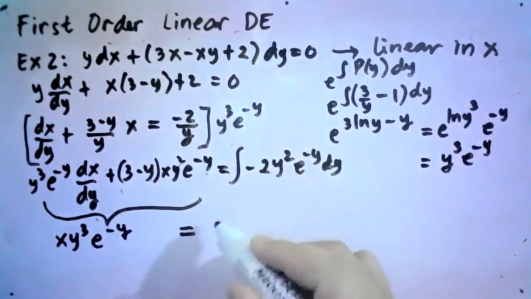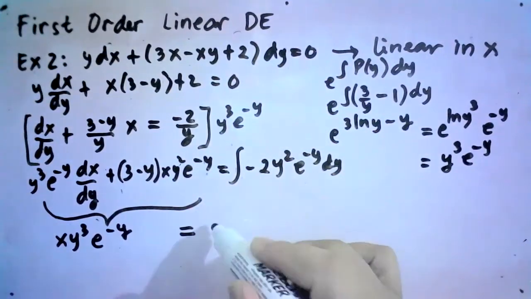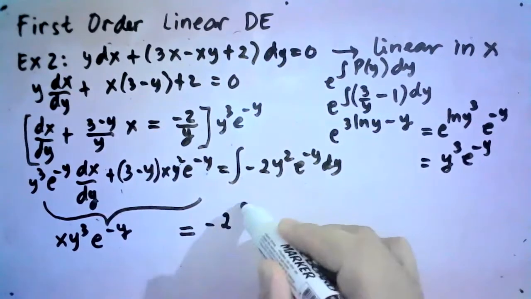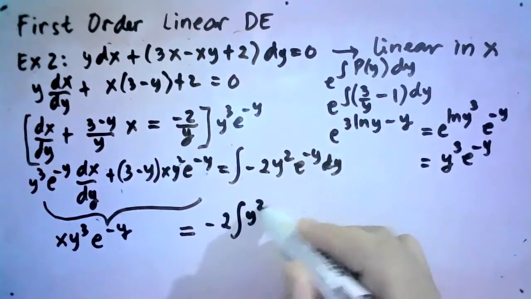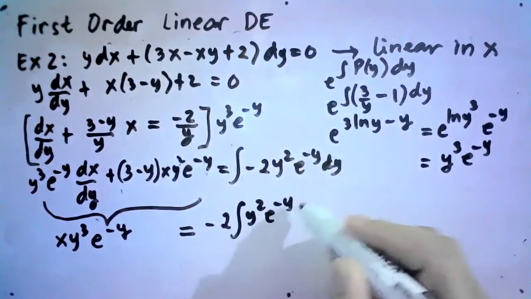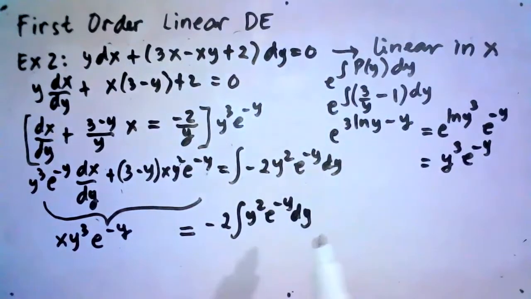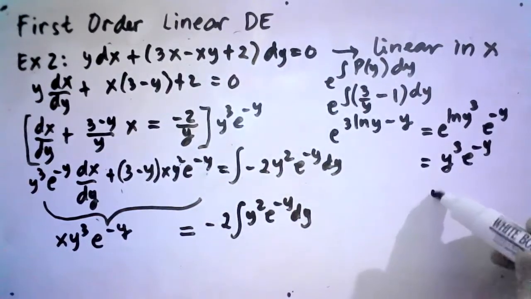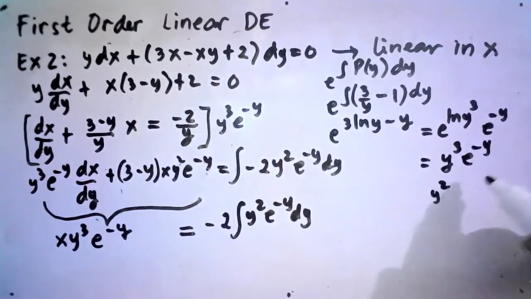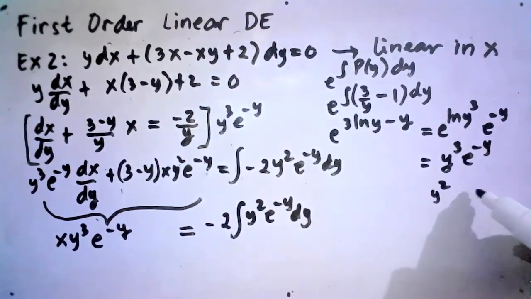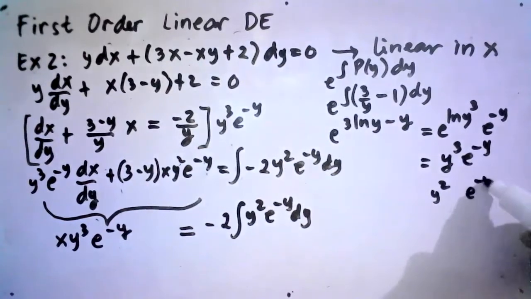So I will rewrite negative 2 integral of y squared e negative y dy. Basically, this is integration by parts. I will be using the shortcut: y squared is our u, and our dv is e negative y.